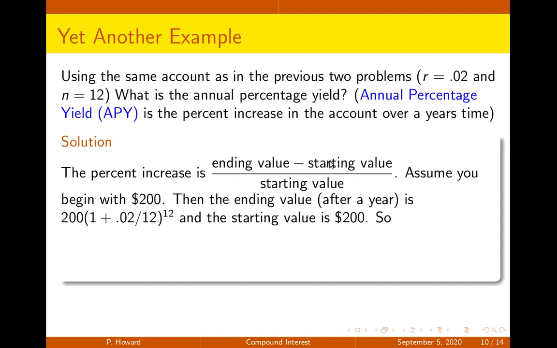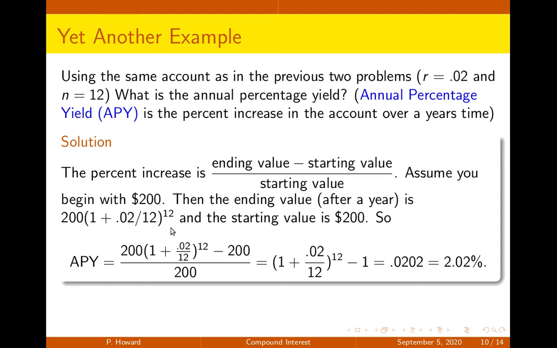Ending value minus starting value over starting value. So here I have plugged in 200 times the quantity 1 plus 0.02 over 12 raised to the 12th for the ending value, 200 for the beginning or starting value. And now this 200 will cancel with these two 200s. The simplified form will simply be 1 plus 0.02 over 12 to the 12th minus 1.